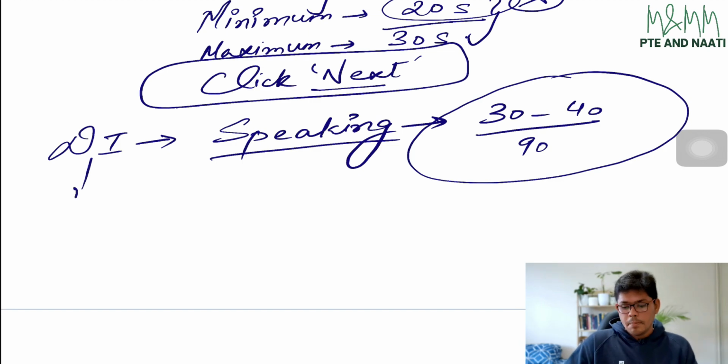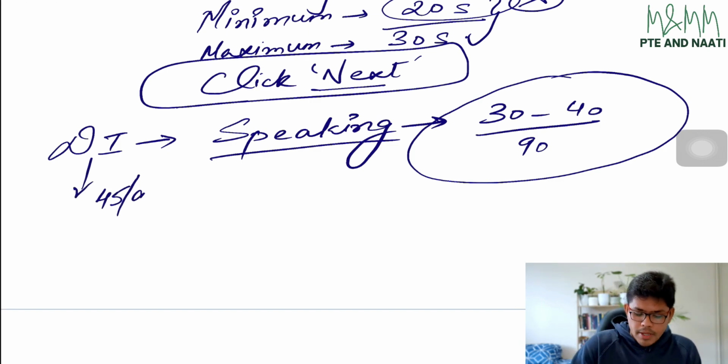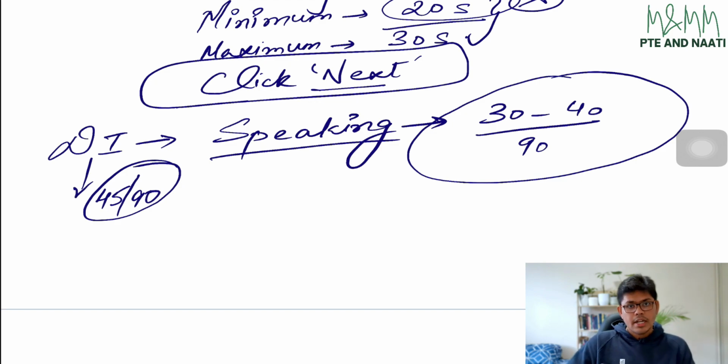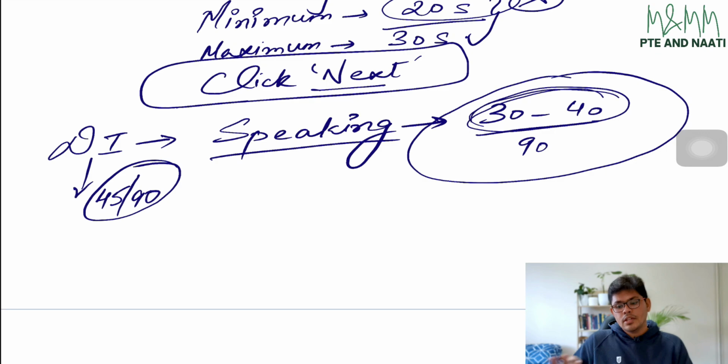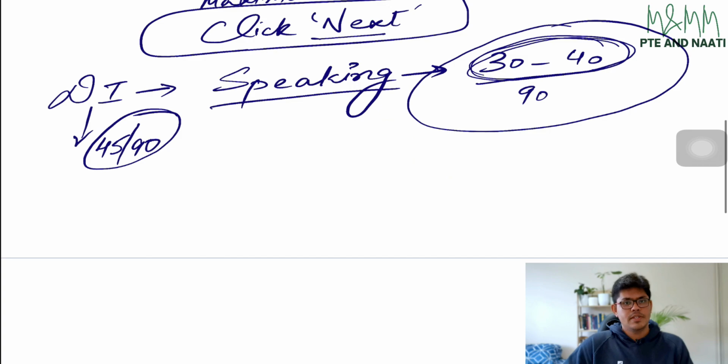Till now, the maximum scoring of Describe Image has gone up to 45 out of 90. But currently, the trend is between 30 to 40. And Describe Image is giving scores only to the speaking section. No other section is getting any score from Describe Image.